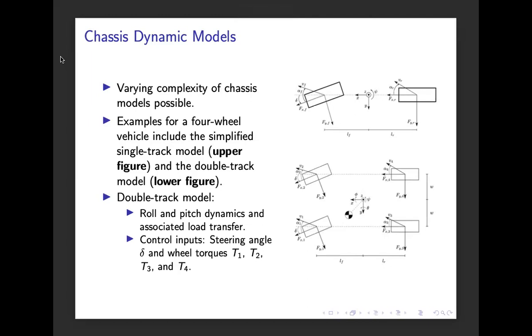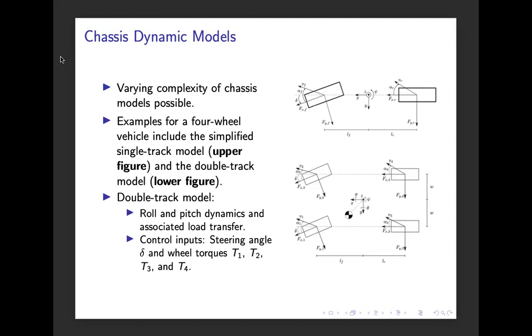This model is often used when investigating the yaw dynamics of the car, or when we are particularly interested in the orientation of the car, and also having a model for how the different wheels interact with the ground.